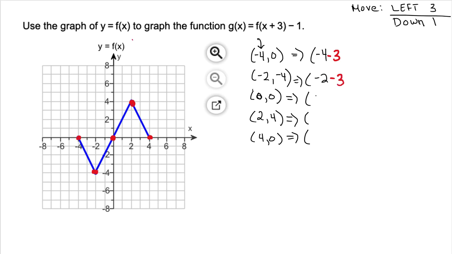My next ordered pair, I had a 0, so I'll subtract 3. My fourth ordered pair, my x was a 2, so I'll subtract 3. And my fifth ordered pair, I had a 4, so I'll subtract 3.